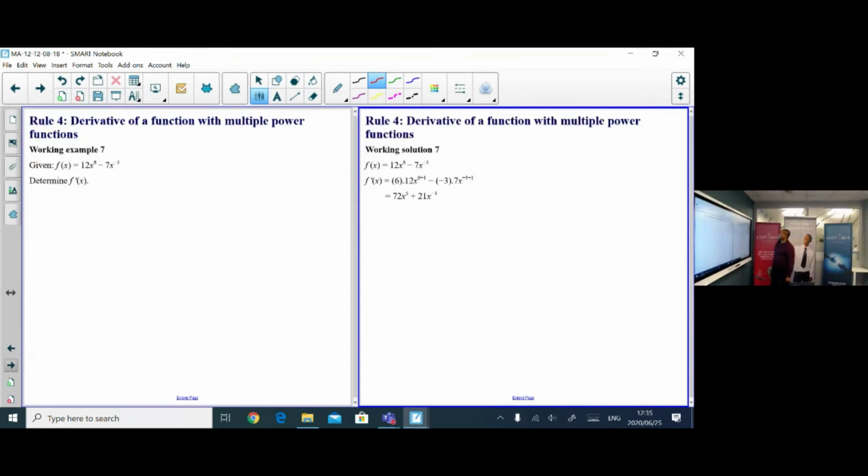So here is another scenario where you have different powers like that, but the same rule applies.